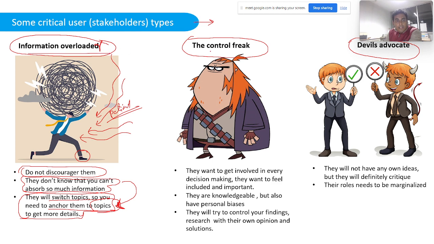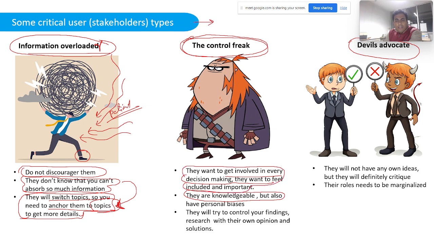Okay. Another set of stakeholders you may encounter in your user research are the control freaks. So generally they are very knowledgeable persons. Okay. And they try to get involved in your research, in your design process, and they want to feel included and important.